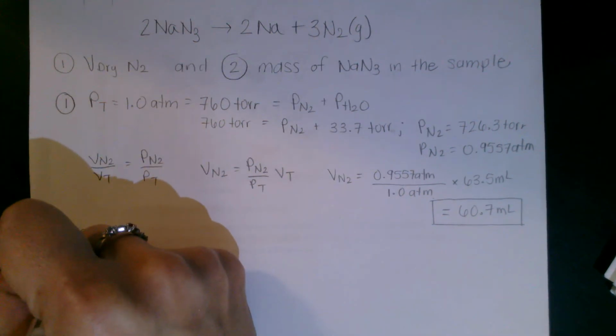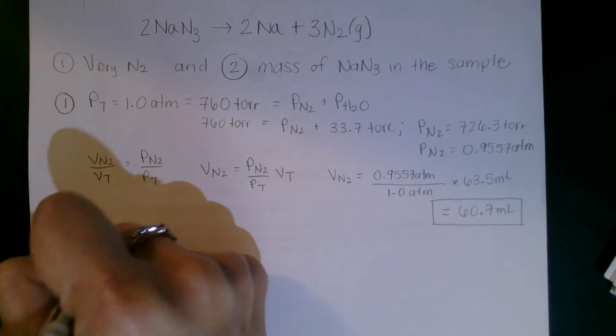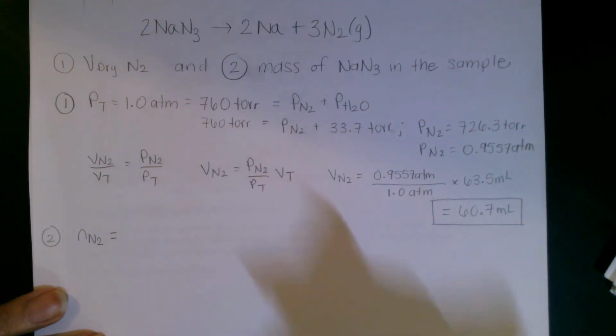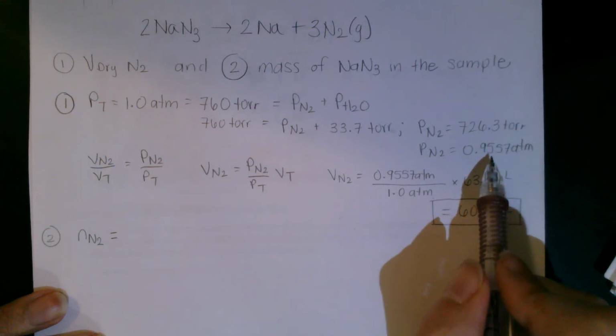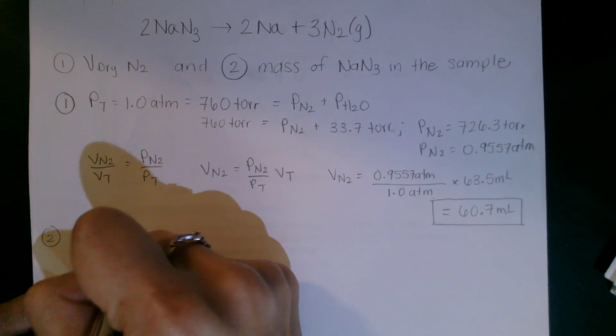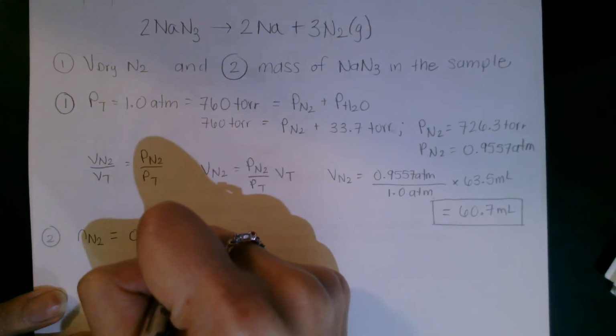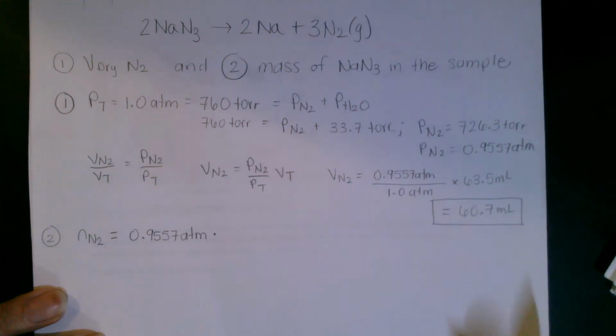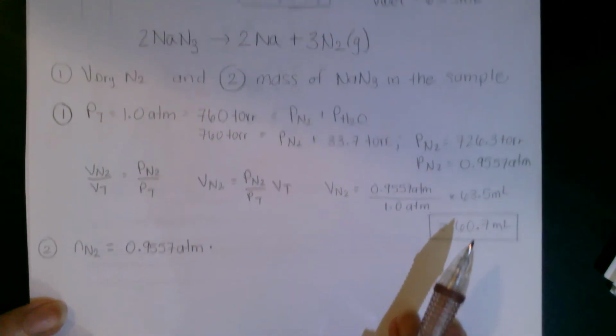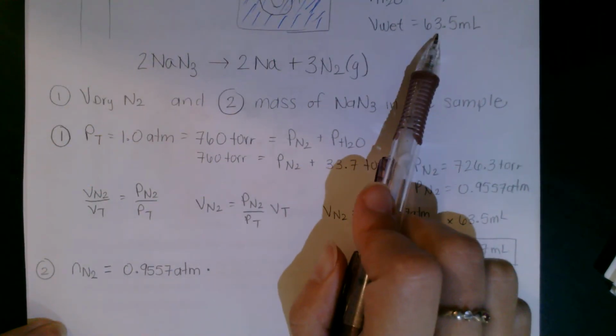So the number of moles of N2. It's going to be our pressure of just N2, so that's right here, 0.9557 atmospheres, times our total volume. That was the 63.5 milliliters.